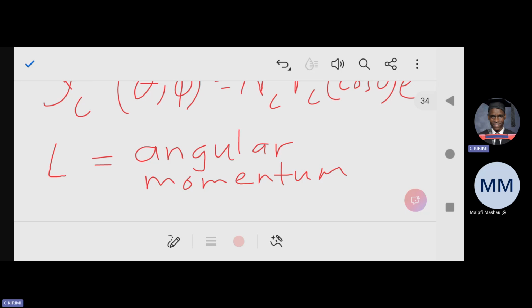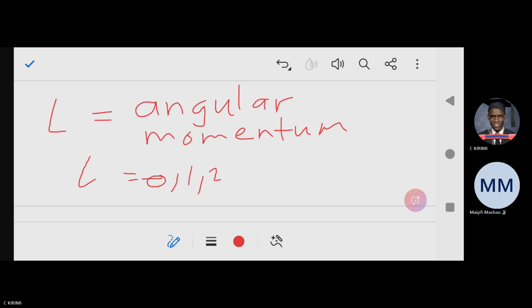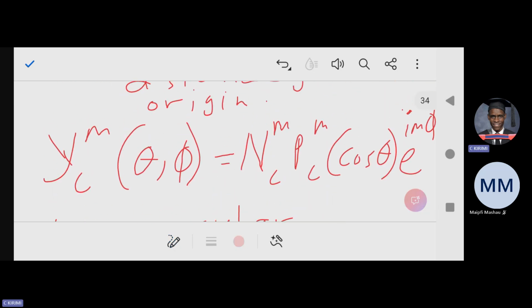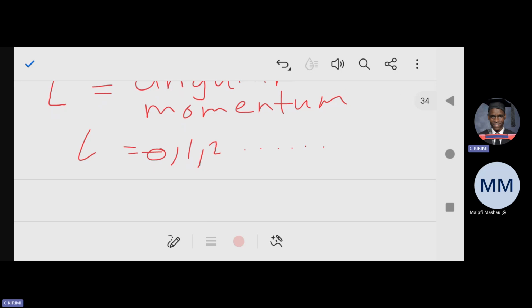Right, so the angular momentum L ranges from 0, 1, 2, and so on. So whenever we are saying Y of L, when L is 1, that means the spherical harmonic when L is 1. So L ranges from 0, 1, 2, going onwards.